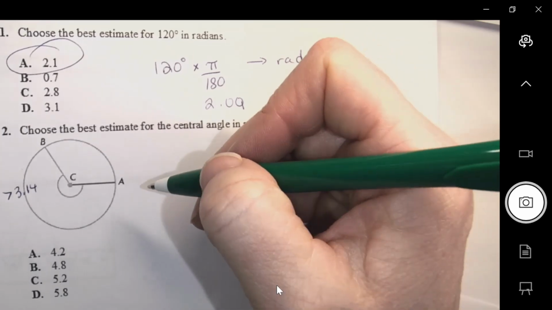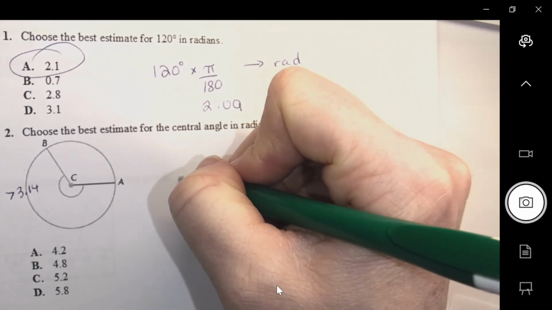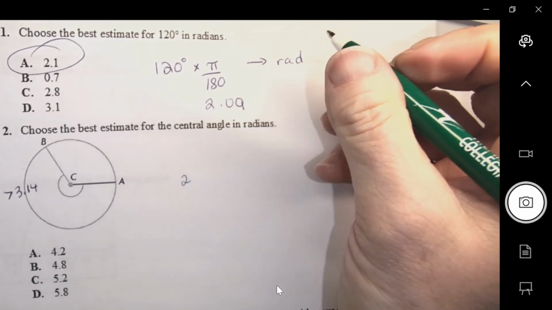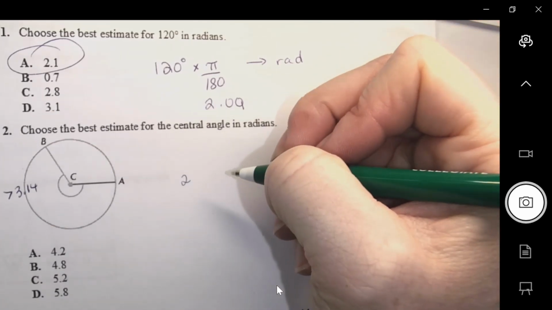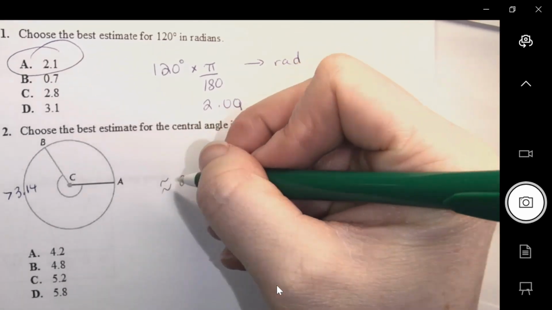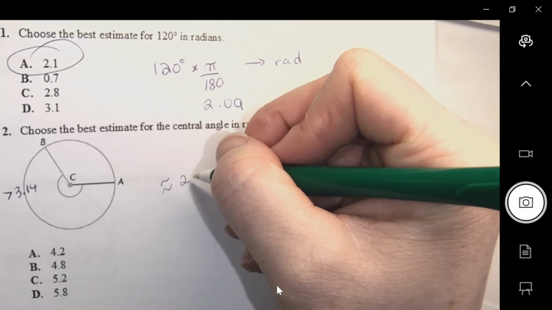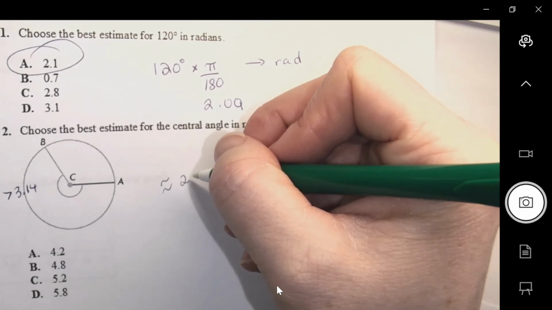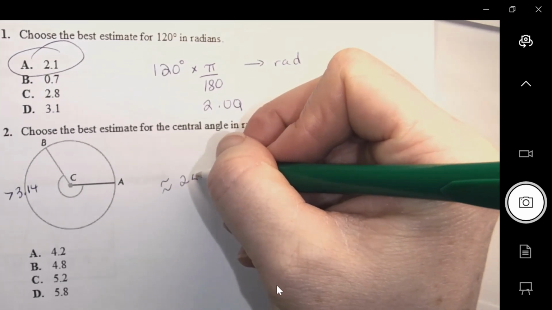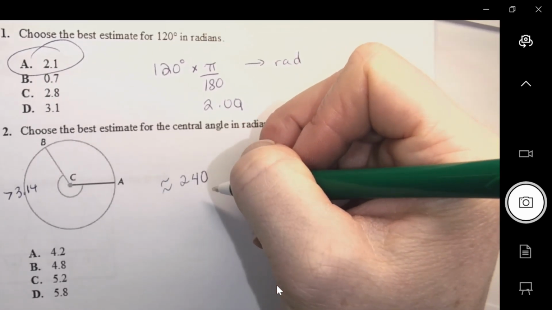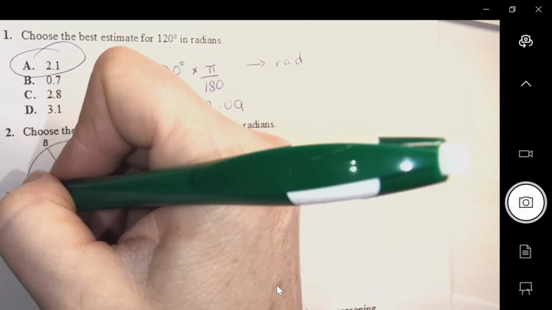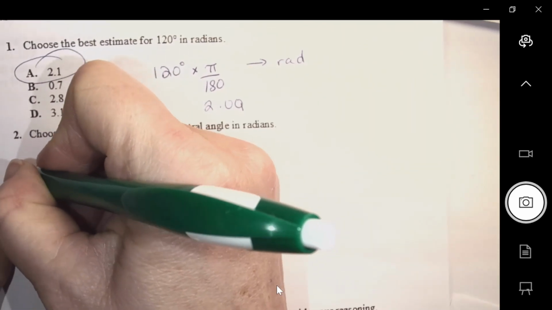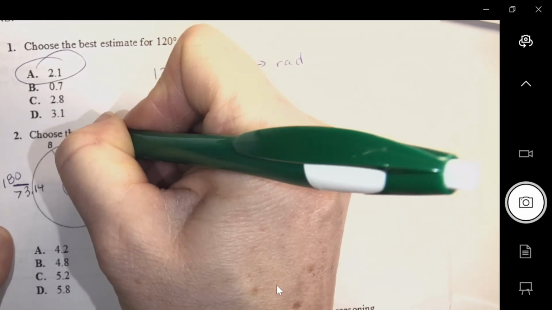What do you want to go with? 240? Because this would be 180 and this would be 270, right?